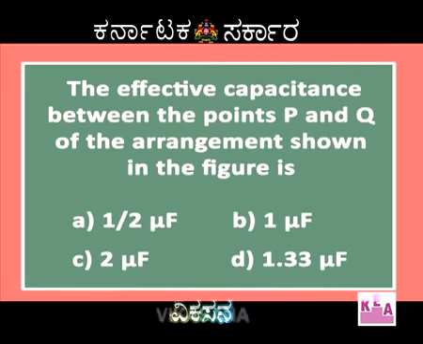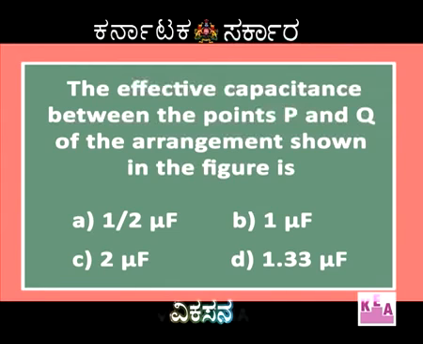The effective capacitance between the points P and Q of the arrangement shown in the figure is option A, half microfarad, option B, 1 microfarad, option C, 2 microfarad, option 4, 1.33 microfarad.